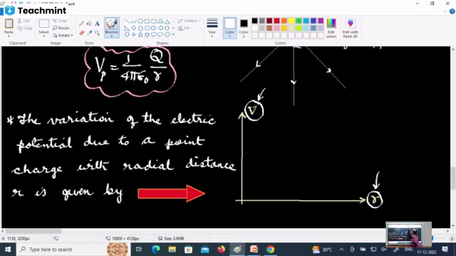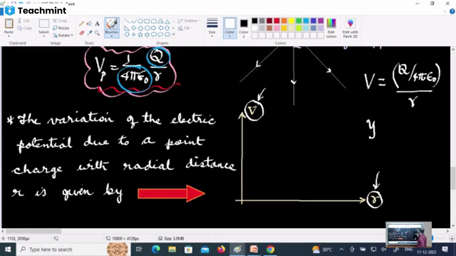You already see from this expression that Vp equals 1 divided by 4 pi epsilon naught into Q divided by R. For a given charge Q and for a given value 4 pi epsilon naught, all of those are constants. In fact, you can write V equals Q divided by 4 pi epsilon naught as a constant divided by R. Notice this variation is like y is equal to c by x.